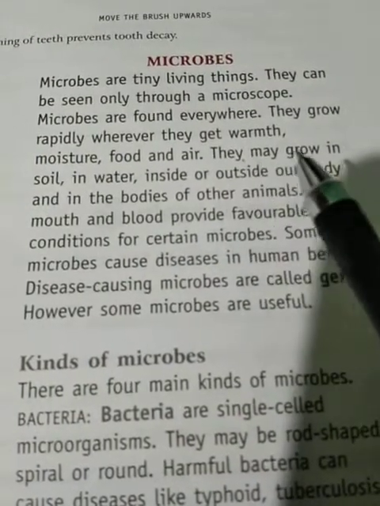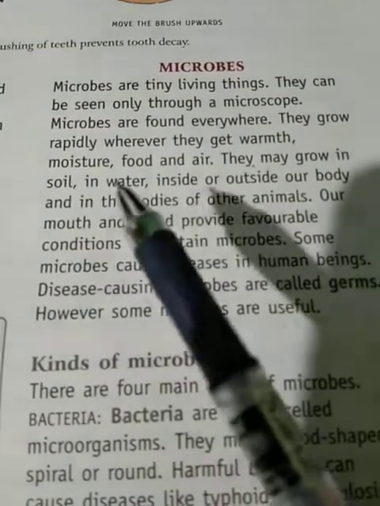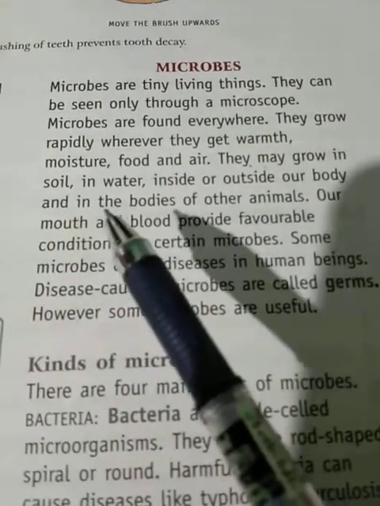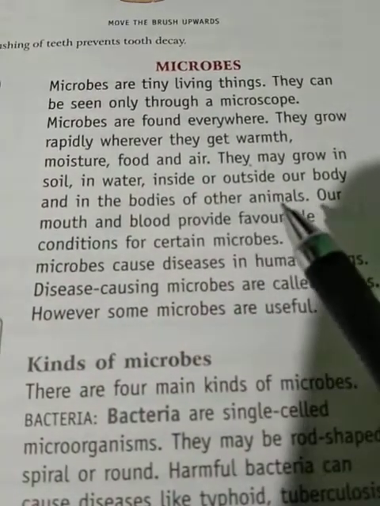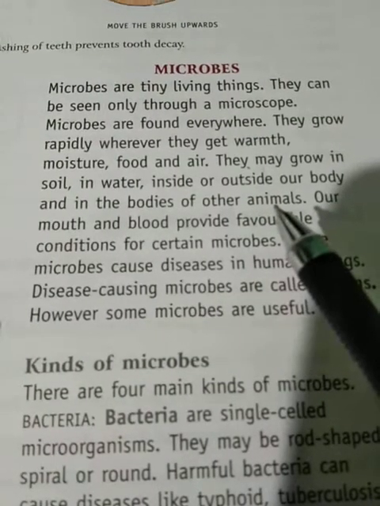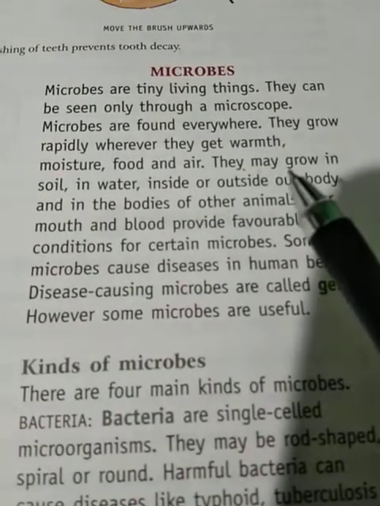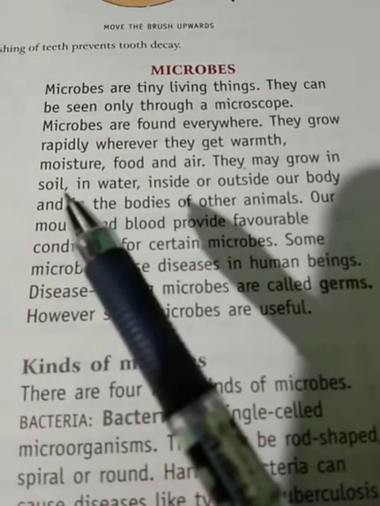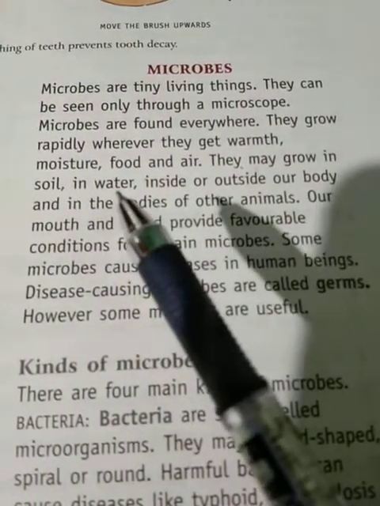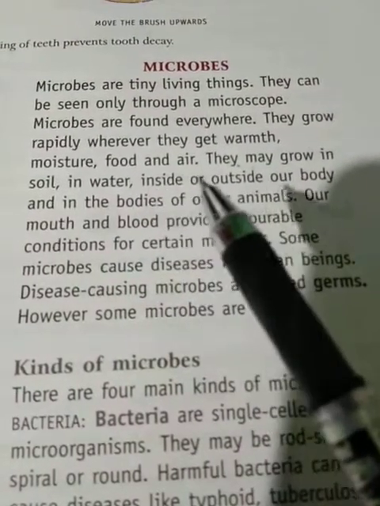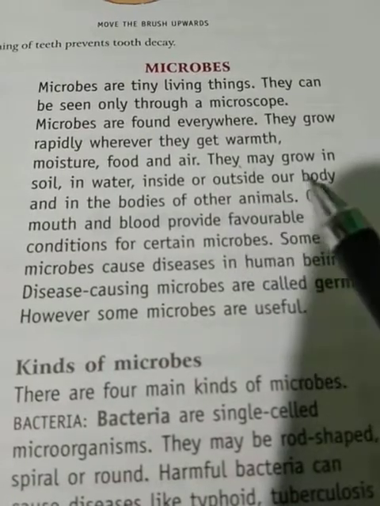Now they may grow in soil, in water, inside or outside our body, and in the bodies of other animals also. They have some special characteristics, that they may grow in soil, in water bodies, inside or outside our body.